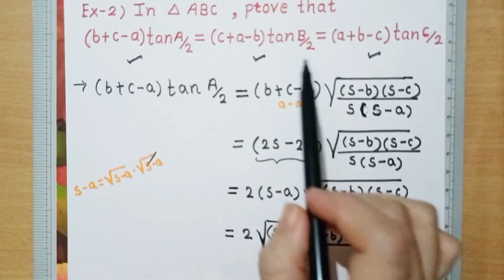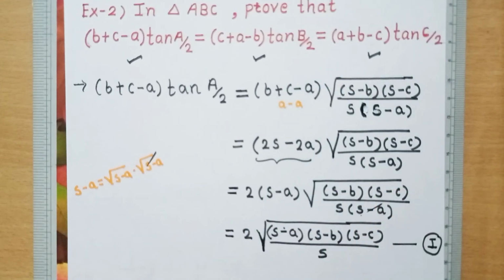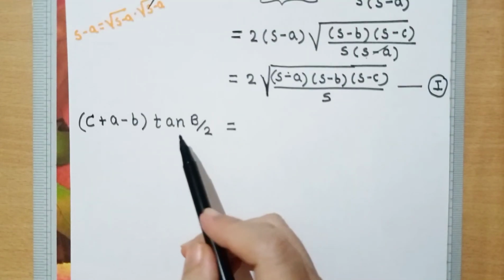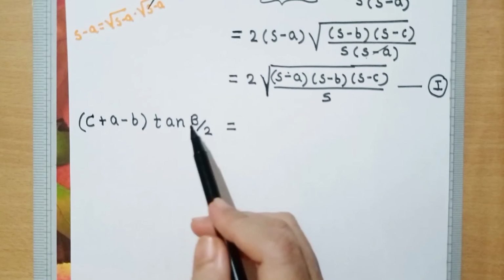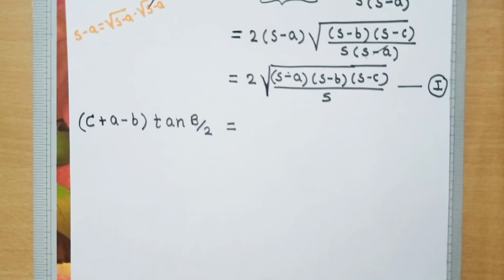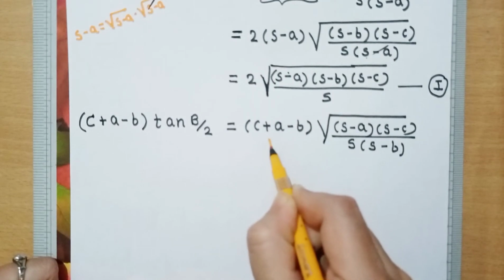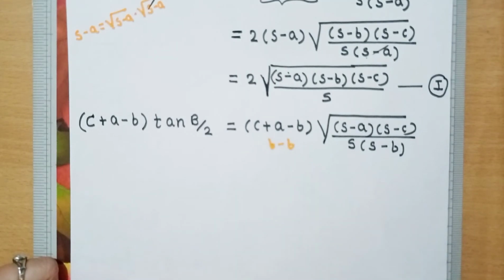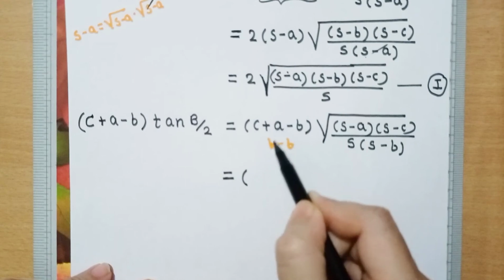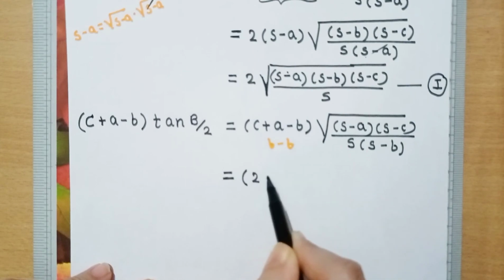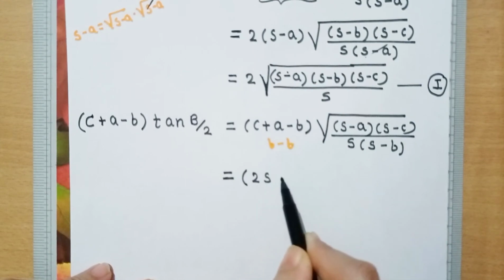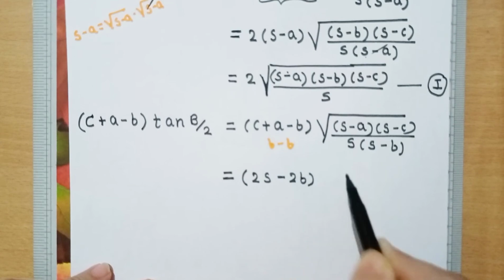Same way we will prove the second and third. Here also we will substitute the tan B by 2 formula. Now check, here we will add plus B and minus B. So we have A plus B plus C means twice S, minus B means twice B, and this same as it is.